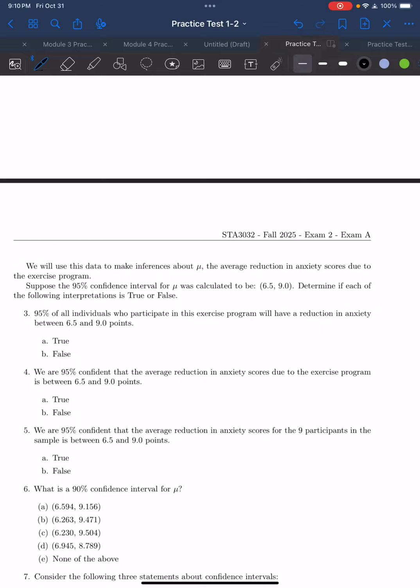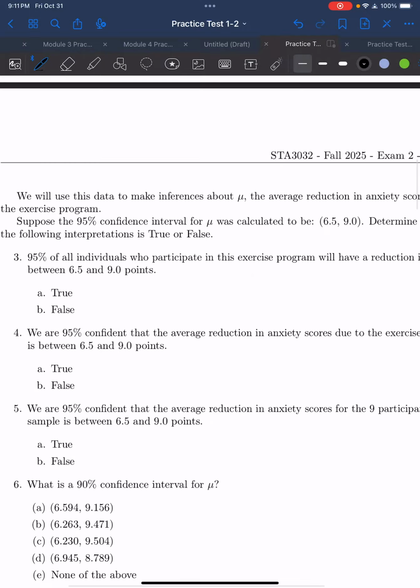We are just 95% confident that the true mean for our population lies within our interval. But that doesn't mean that 95% of the people who participate in the exercise will have a reduction of anxiety there. That's just not how we interpret a confidence interval. So this is false.